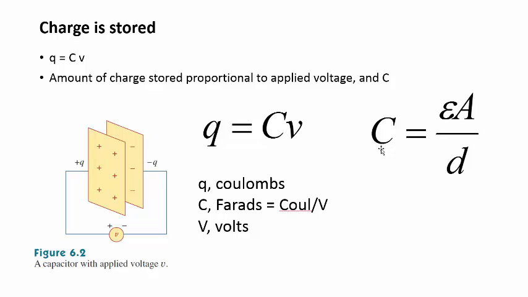So the amount of capacitance, I said, was dependent on the physical geometry of the device. In particular, it depends on the area of the metal plates, that's A right here, the distance between the plates, d, and this value, the Greek letter epsilon, which is the permittivity of the material.